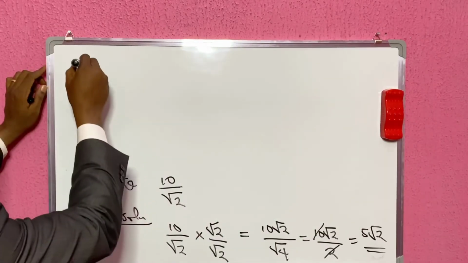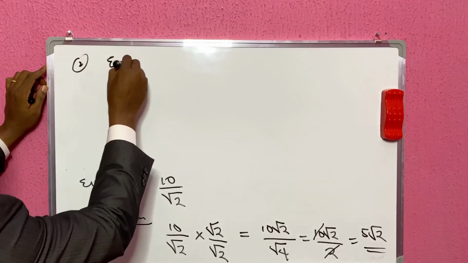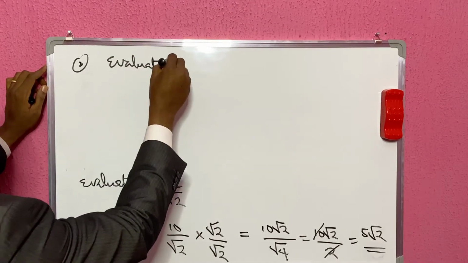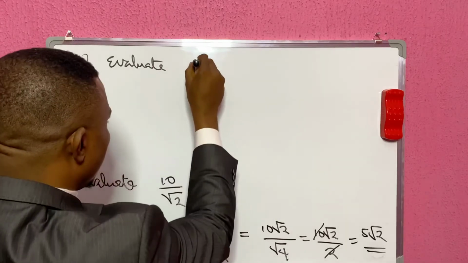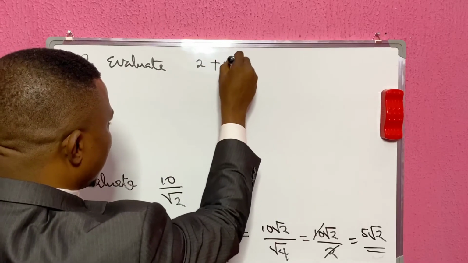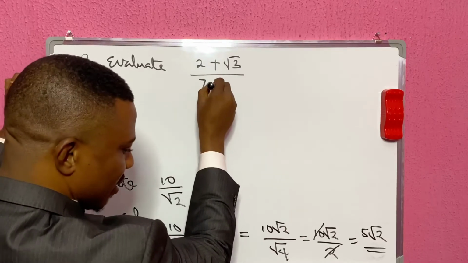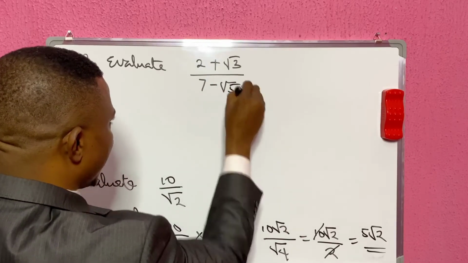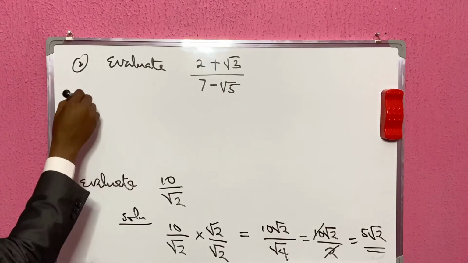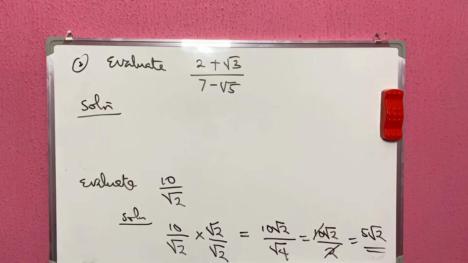More questions. Evaluate 2 plus surd 3 all over 7 minus surd 5. A question like this is very simple.